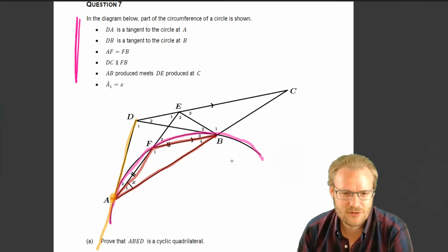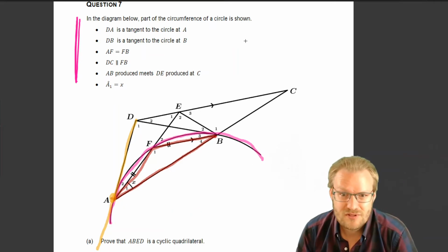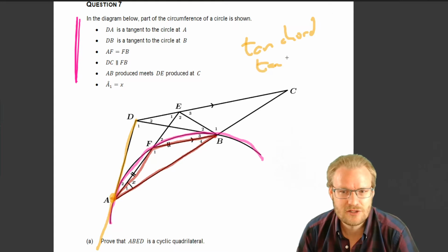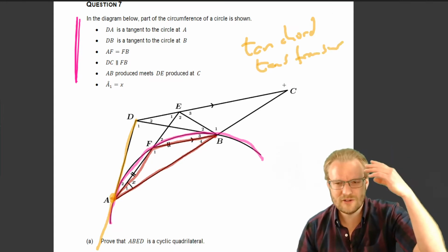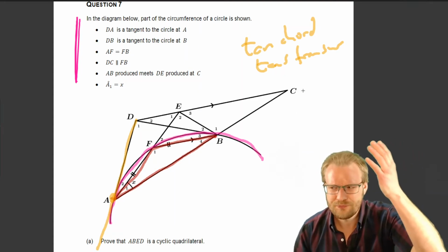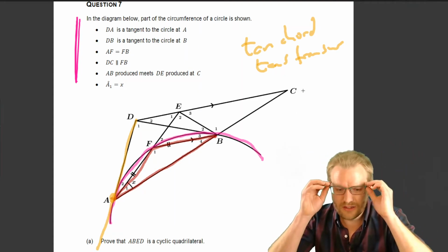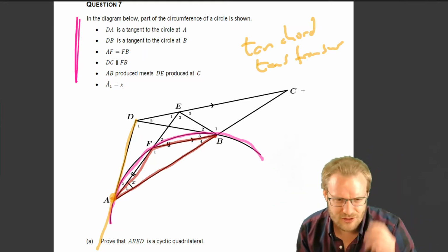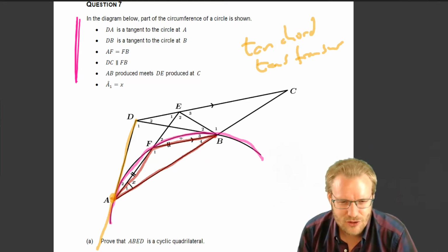So we don't have a center, so we're not using tan rad. Tan chord must surely come up somewhere, right? Maybe not, but tan chord seems useful. The other one is tans from same point. Maybe, I don't know, and you're not writing these down necessarily, but these are just some of the things that are maybe coming to your mind and going, hey, cool, maybe I've got tan chord somewhere, so maybe I could find a tan chord, maybe not.